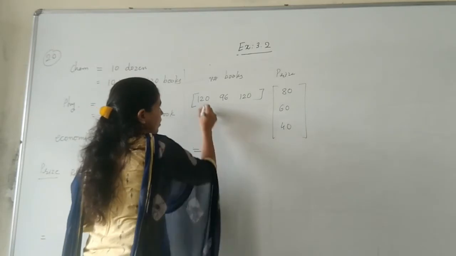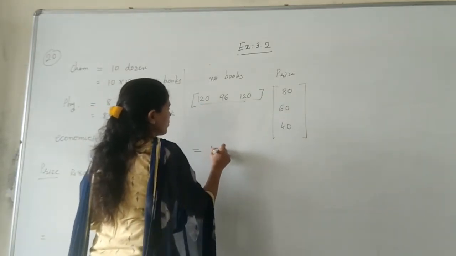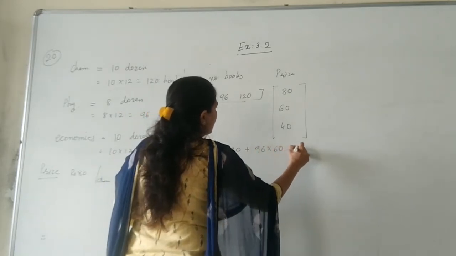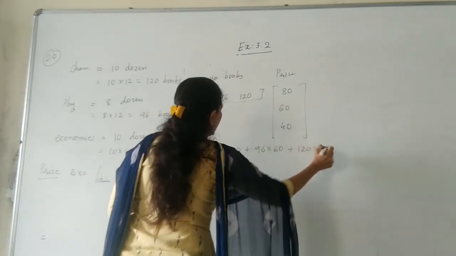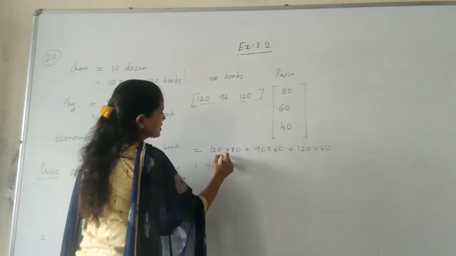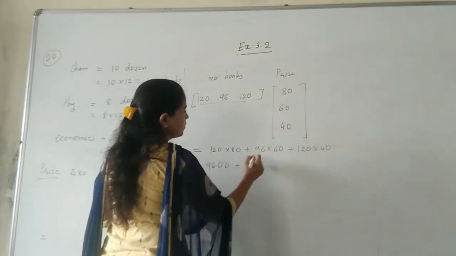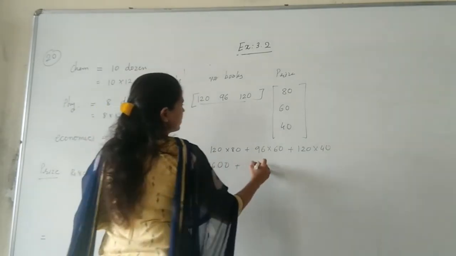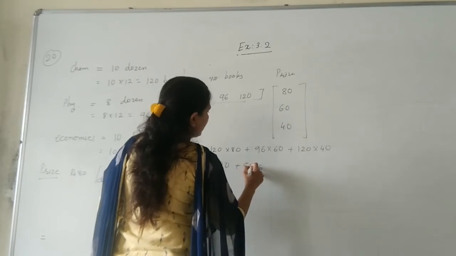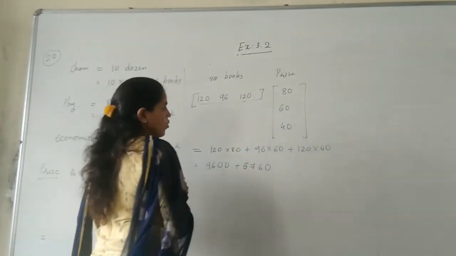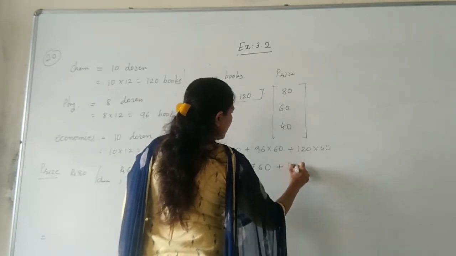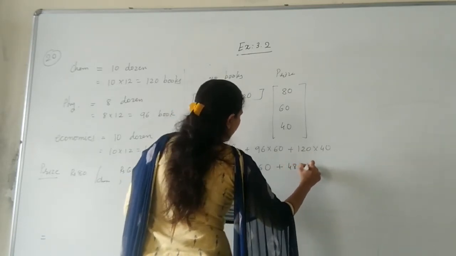Now we have to find the total amount. So you know very well, first row and first column: 120 into 80 plus 96 into 60 plus 120 into 40. Just do the multiplication step by step, students. So 96 into 60 is 5760, plus 12 fours are 48, that is 4800.